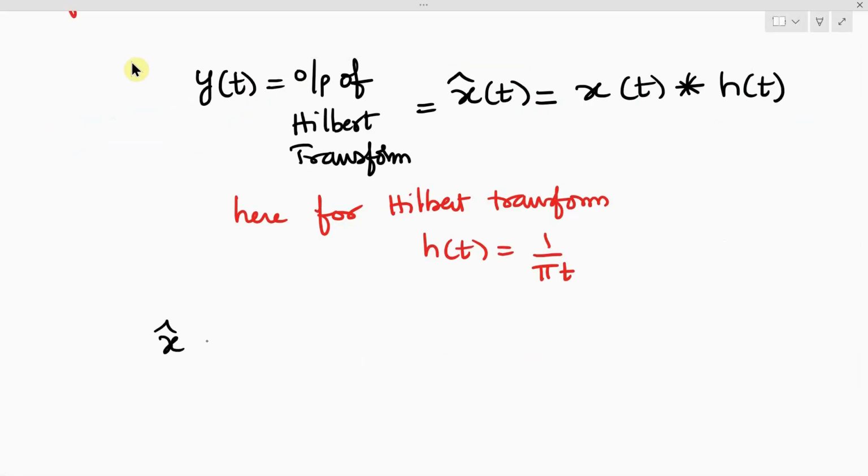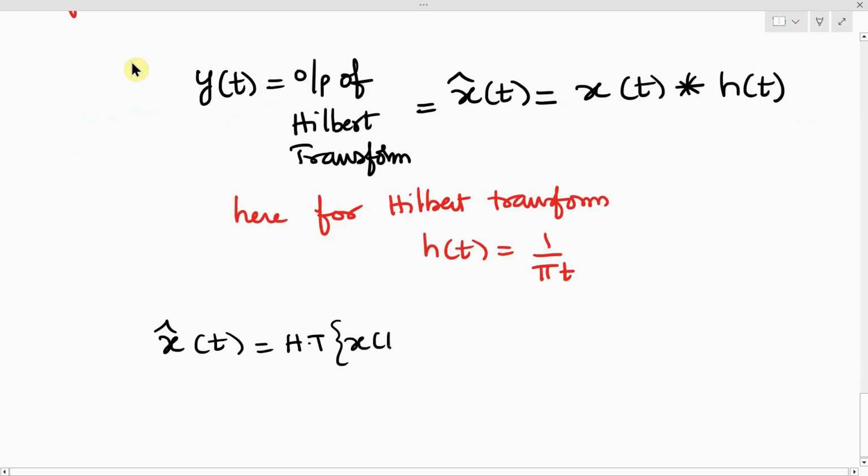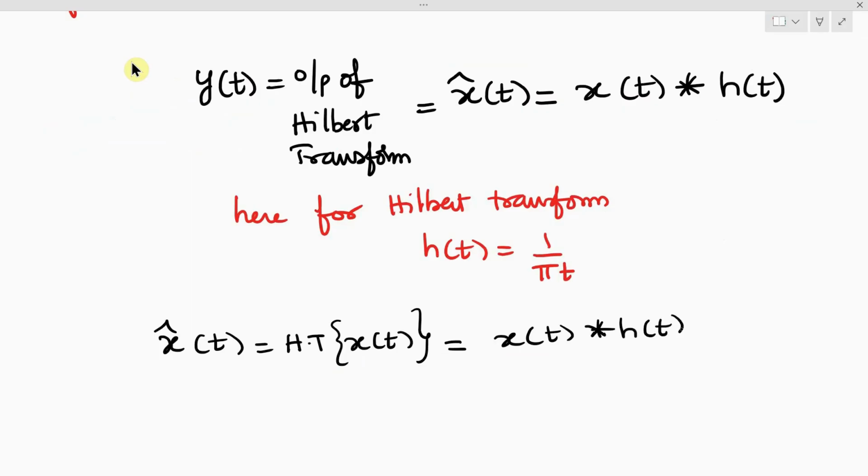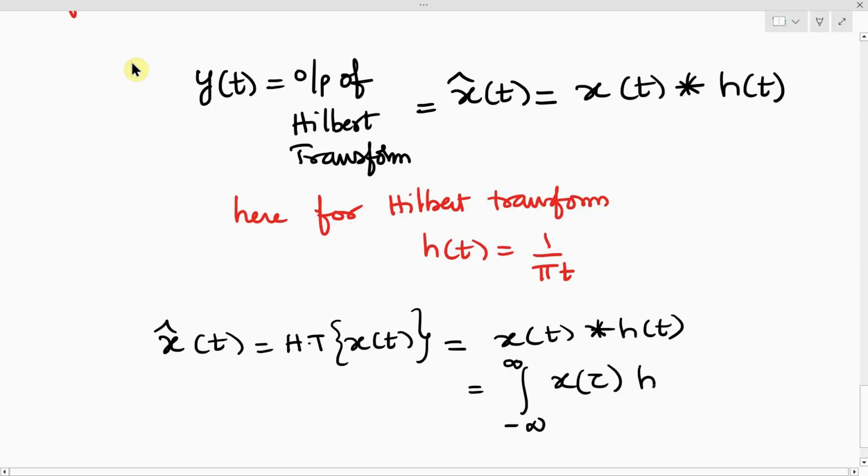So x cap of t, the Hilbert transform of x of t, is equal to x of t convolution h of t. The formula is integral from minus infinity to infinity x of tau h of t minus tau d tau.